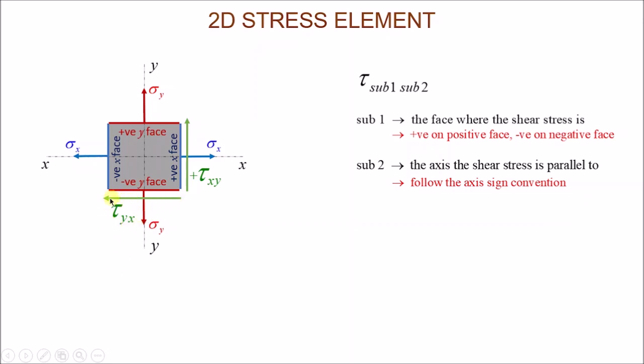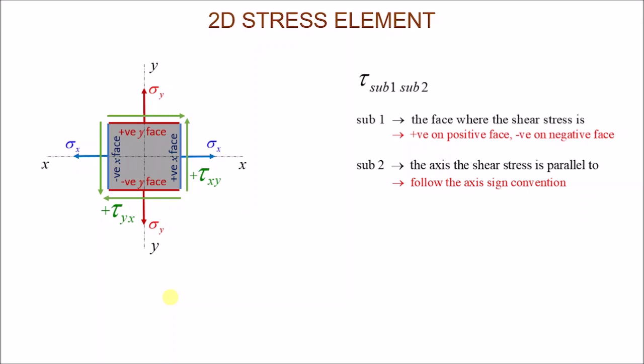So the direction of this shear stress on this negative Y phase will still give you a positive shear stress. And you can go on and play with it, and you could look at these shear stresses on these other faces and try and see whether they are positive or negative shear stresses.